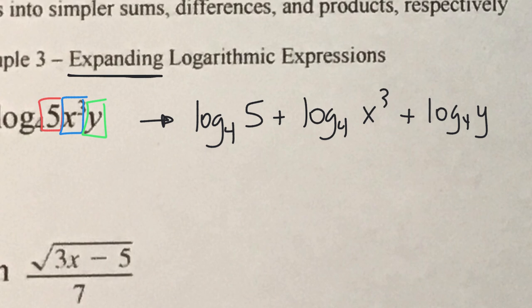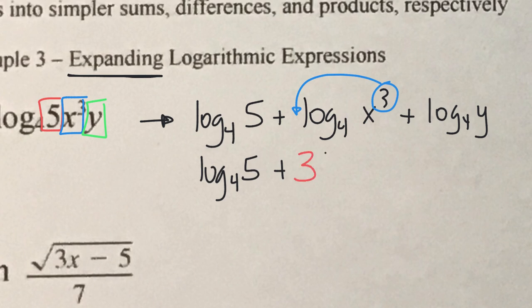First you get rid of division, but since there's no division, we can go right to multiplication. And our last step is to get rid of our power, so we'll bring the power in front to have a final answer of log base 4 of 5 plus 3 log base 4 of x plus log base 4 of y.